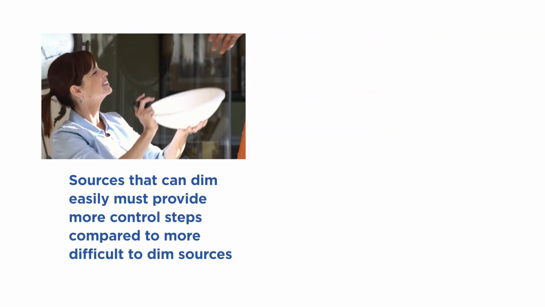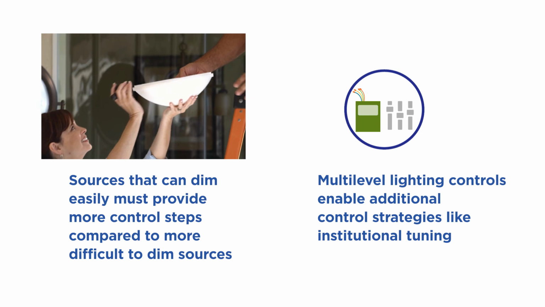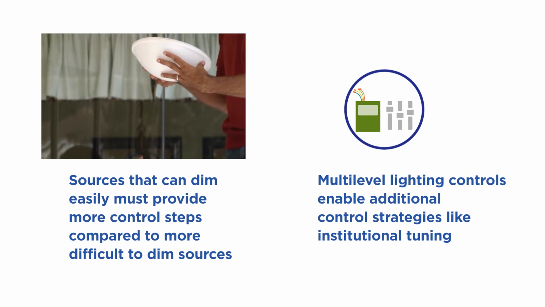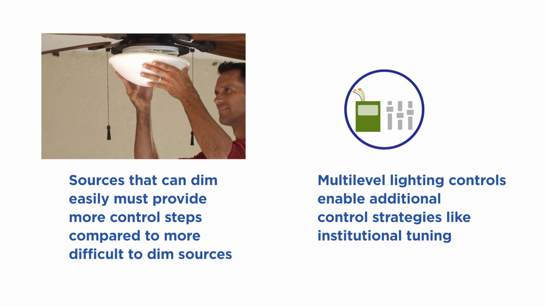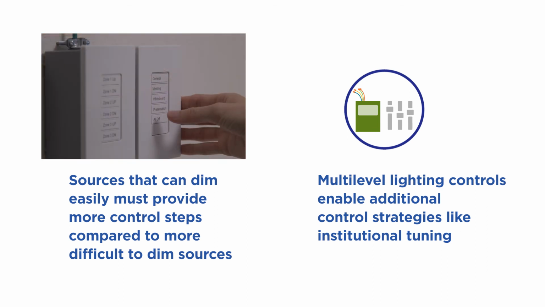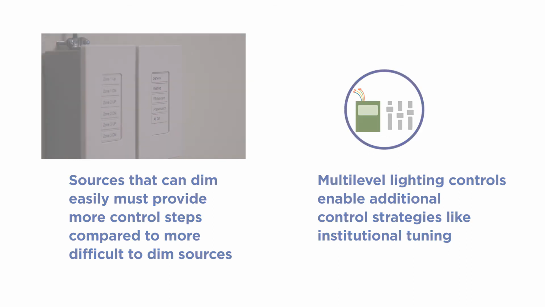The number of required control steps depends on the type of lighting installed. Sources that can dim easily must provide more control steps as compared to sources that are difficult to dim. Multi-level lighting controls also enable additional control strategies like institutional tuning, which qualify for PAFs under the prescriptive compliance approach.